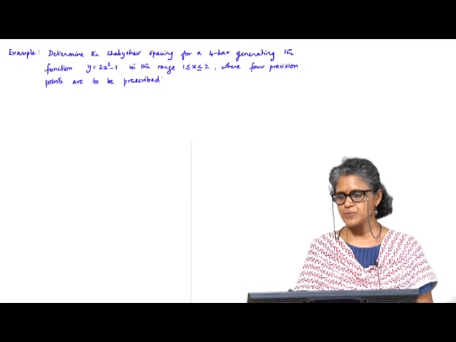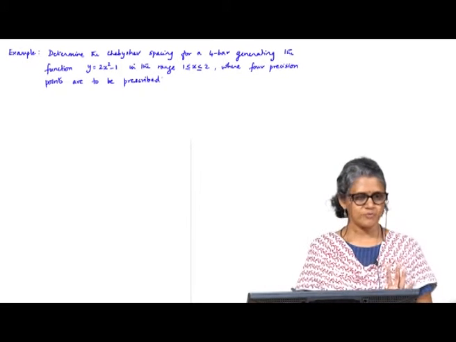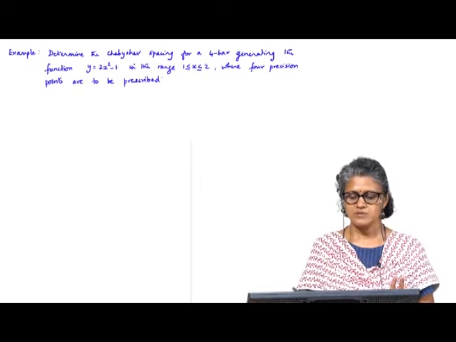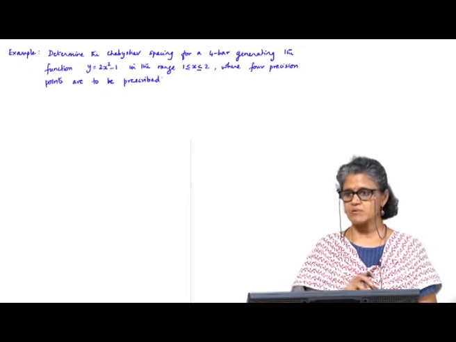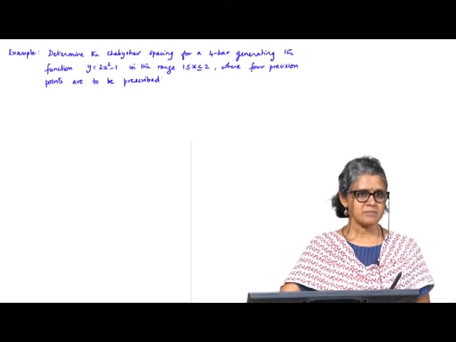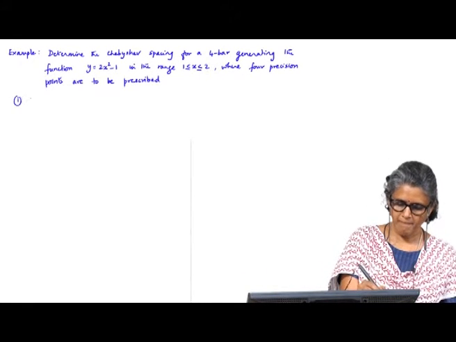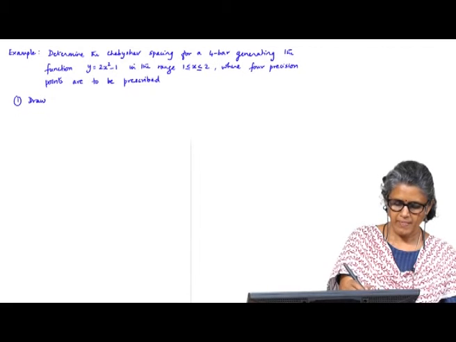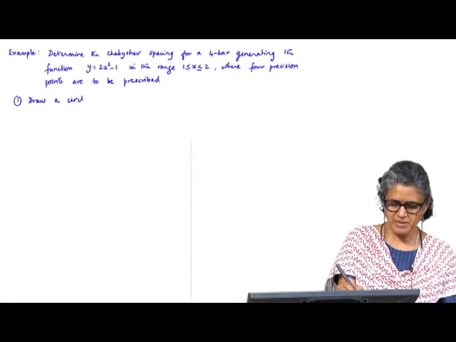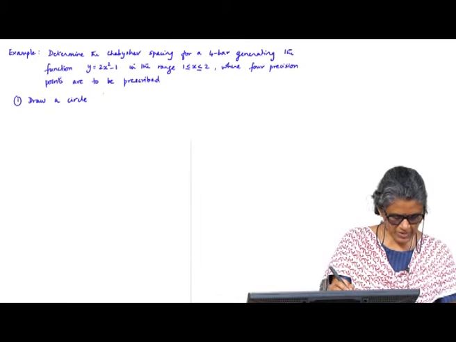So, what would you do? You need 4 precision points. So, you would have to again draw the inscribed polygon. So, first draw a circle. What would be the diameter of the circle? What would it be proportional to?